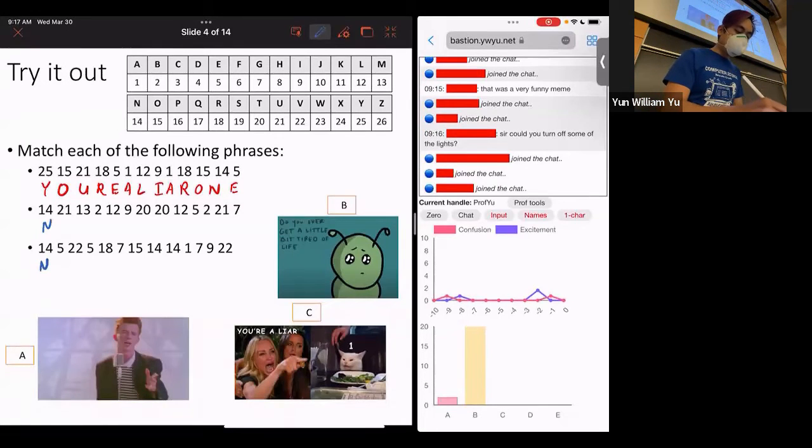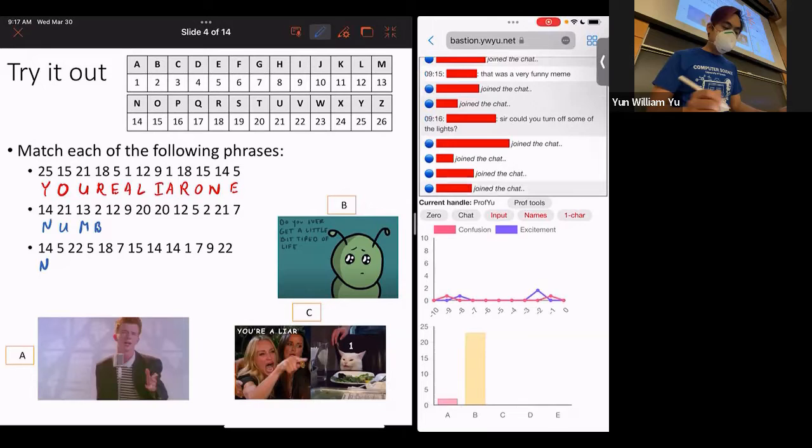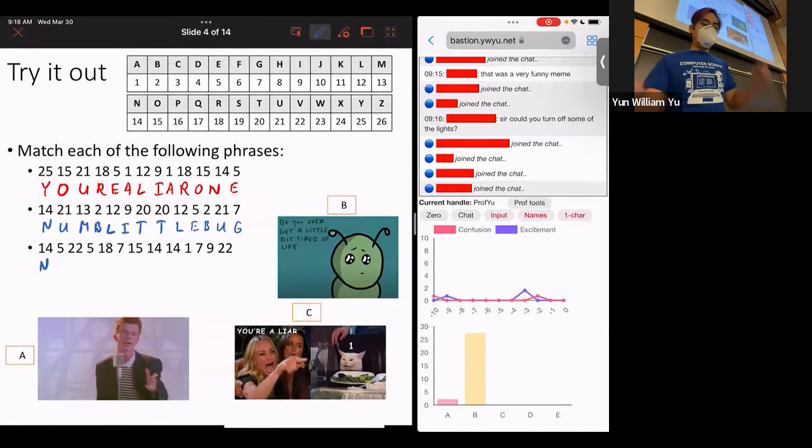That's U. 13 is M. 2 is B. 12 is L. 9 is I. 20 is T, so we have two of those. 12 is again L, E, B, U, and G. So we have a picture of a dumb little bug over there in B to the right. And well, I had to throw in A somehow. So you guys can go ahead and vote for A if you want. It is the last one.